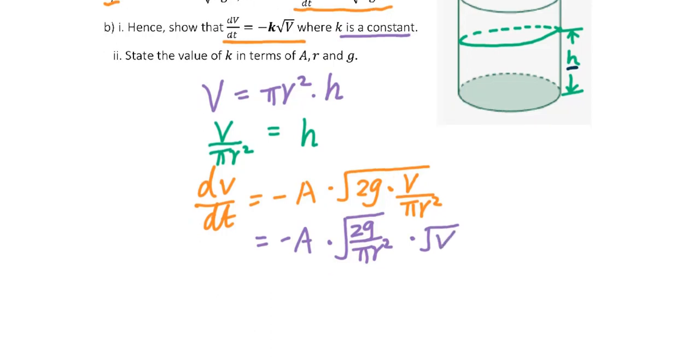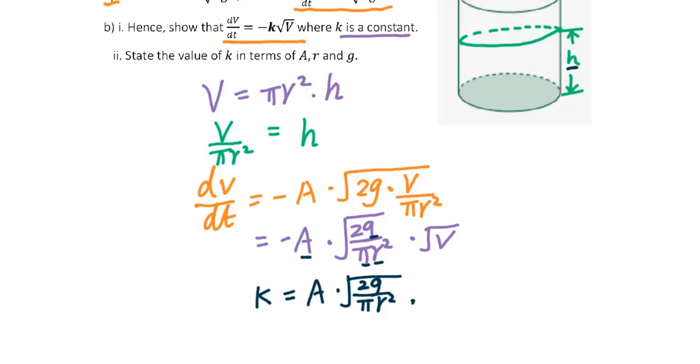Since a, g, pi, r squared are constants, we can make k equal a times the square root of 2g over pi r squared. This k is a constant too.